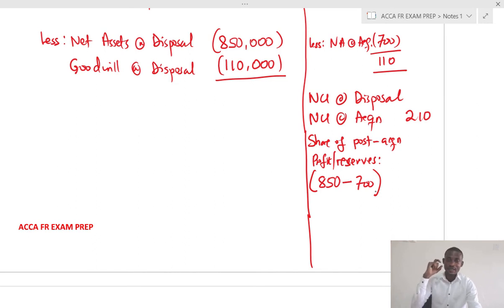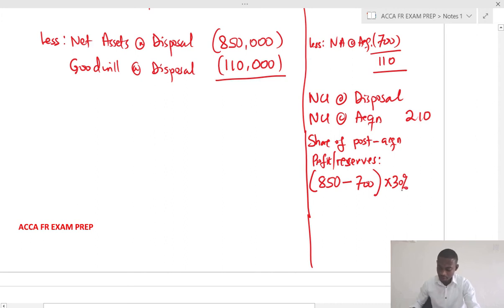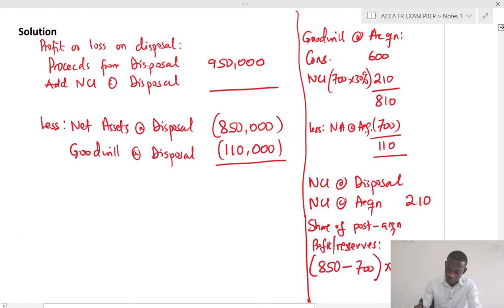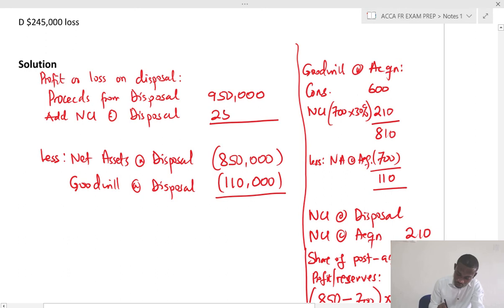So the changes in the net assets post acquisition represent the total post acquisition reserves. Here we multiply by the NCI percentage of 30 to find their share. So 850 minus 700 gives us 150 times 0.3, that is 45. So 45 plus 210 is 255,000. So if we slot that here, 255,000.